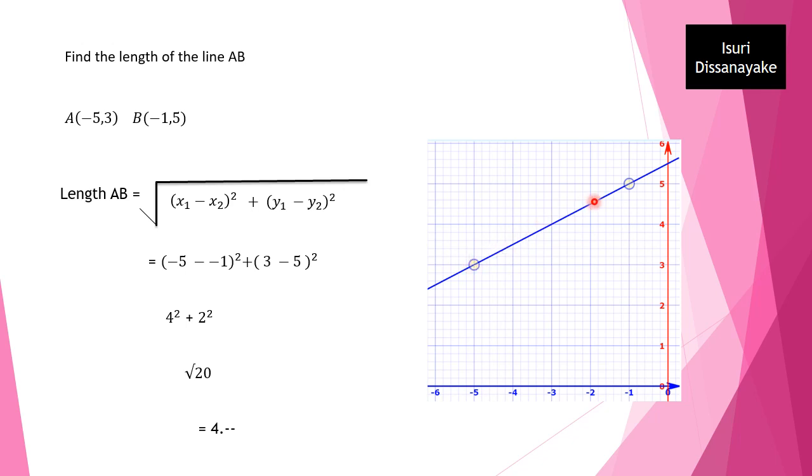How do you find the length of this straight line? Using this formula. And it's approximately 4 point something. If I just count, 1, 2, 3, 4, it's not exactly 4, but it's approximately 4 point something.